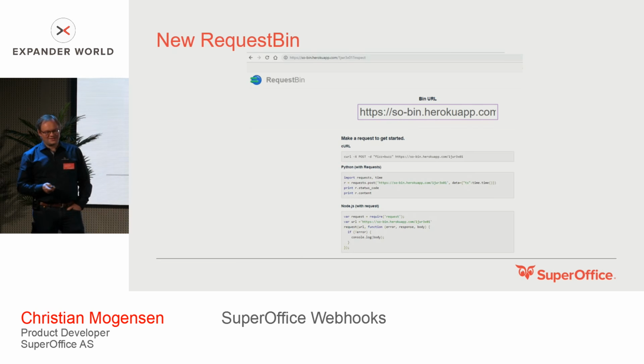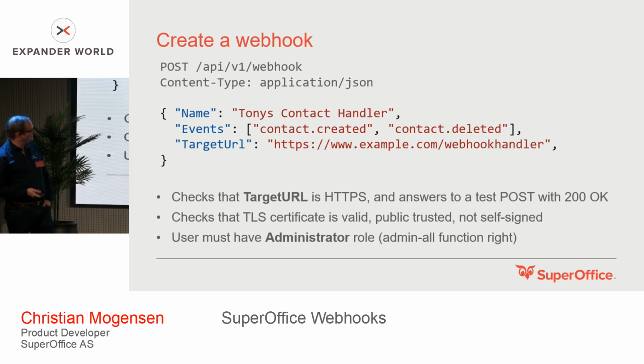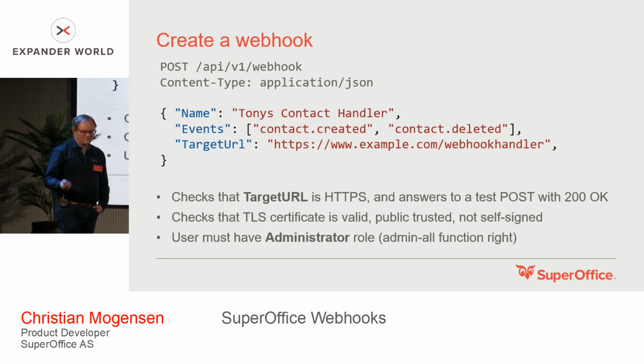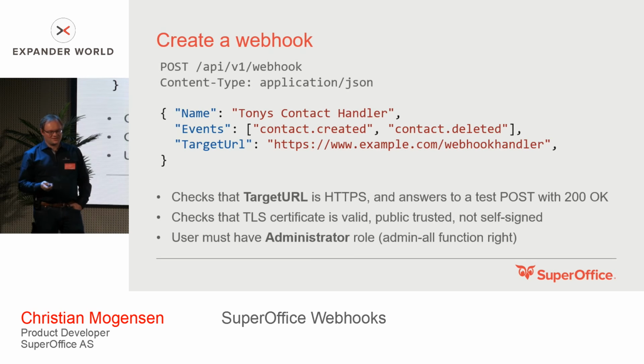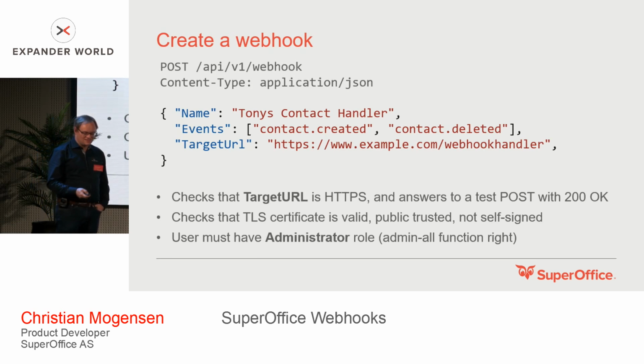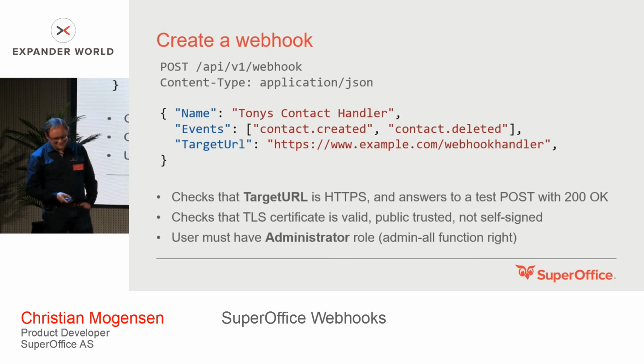We take that URL and stick it into a webhook definition. So we say, okay, we want to post to webhook, and then listen to these two events, contact created and contact deleted, and the target URL is wherever we want to do the notification. So in this case, we want to put in the URL from this thing for the target URL.